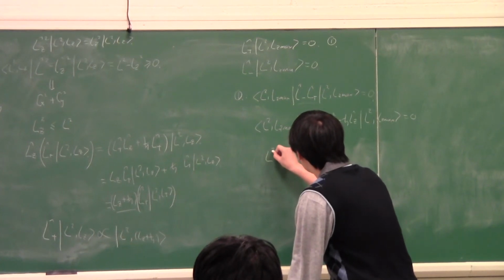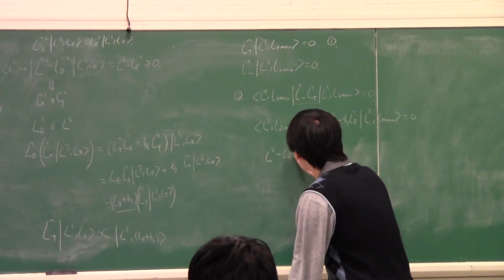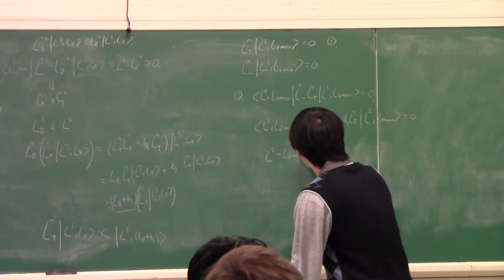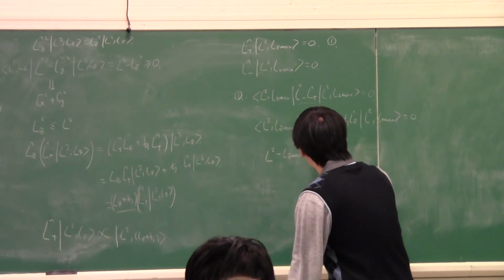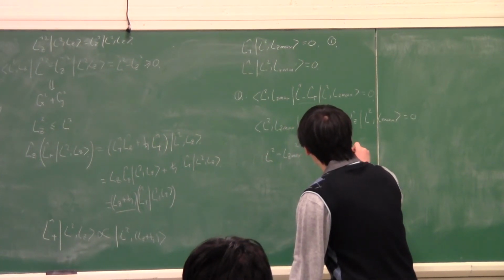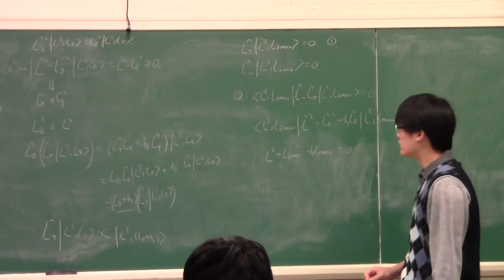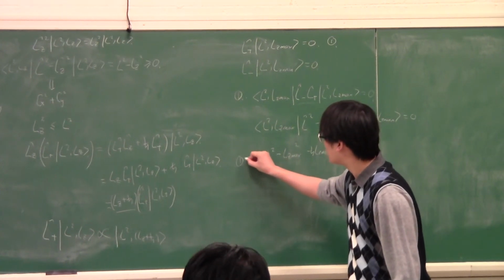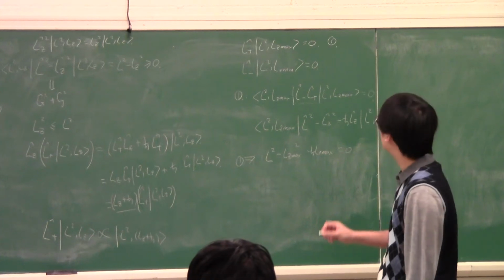And this turns out to be L squared minus LZ max squared minus H bar LZ max. This is equal to 0, right? Okay, so this is what we get from computing the norm of 1.